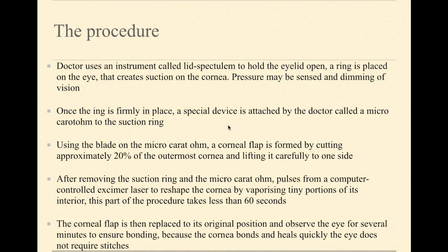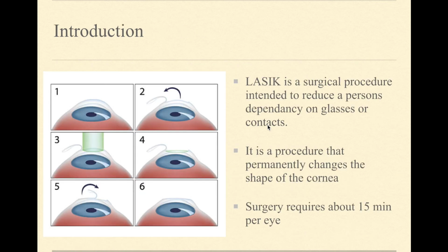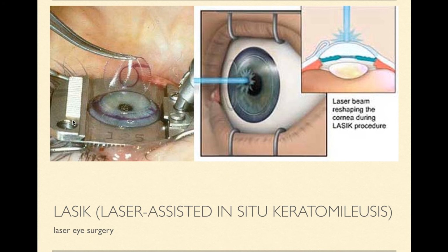Once the ring is firmly in place, a special device called a microkeratome is attached to the suction ring. If we go back to the first image, we can see that this is the lid speculum that separates the lids, and a special instrument called the microkeratome that contains a blade which cuts the cornea, approximately 20% of the cornea.